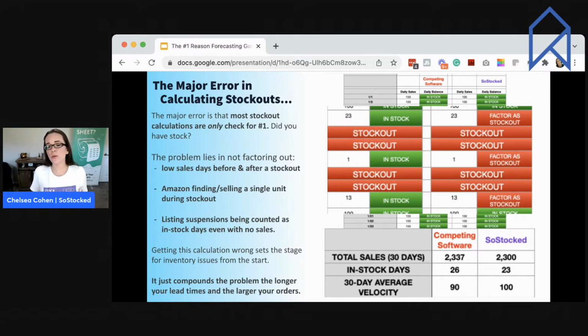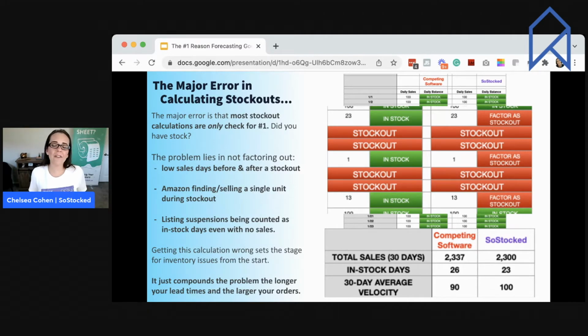So if you are ordering, let's say 4 or 5 months worth of inventory and you're off by 10 units a day, you're going to be short hundreds of units. And so that becomes a major problem. So as you can see, the way you're calculating your stock outs is extremely important. And why people continually run out is that even though they've got all of the data, they're analyzing it incorrectly.